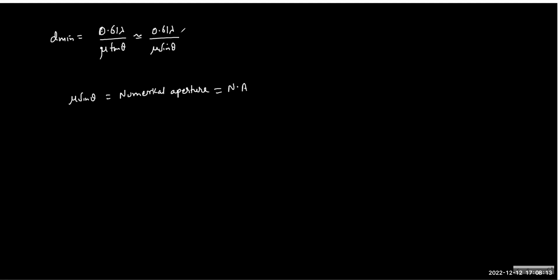Okay. Yes, sir. So if they mention the numerical aperture, we know the D minimum in advance. Okay, sir. Understood? Yes, sir. So this is the formula of D minimum equals 0.61 lambda by mu.